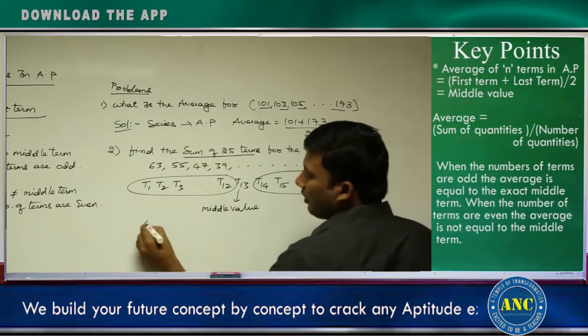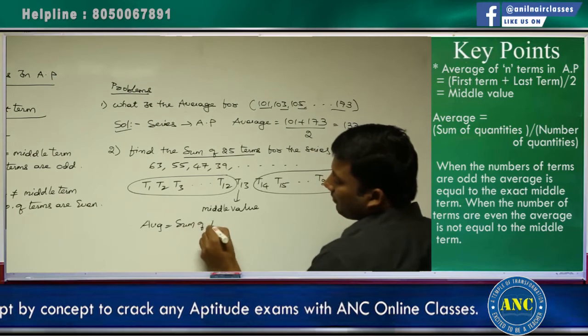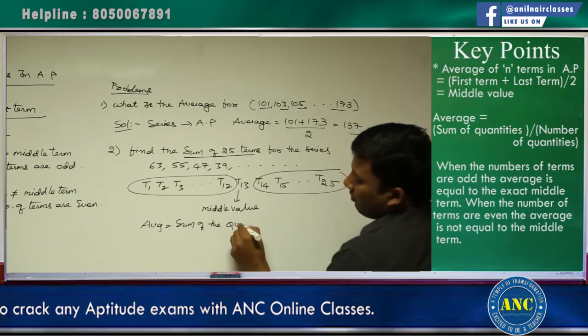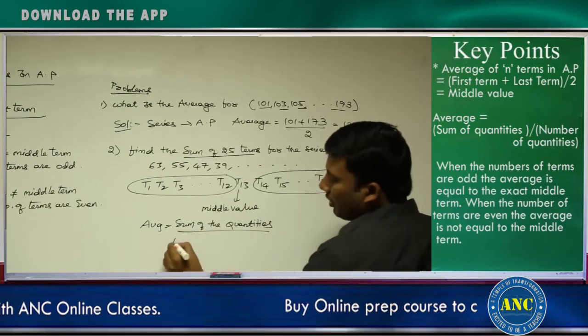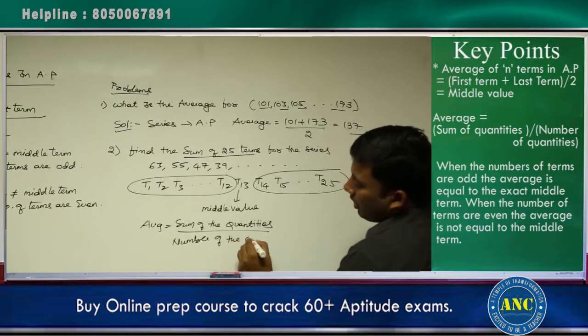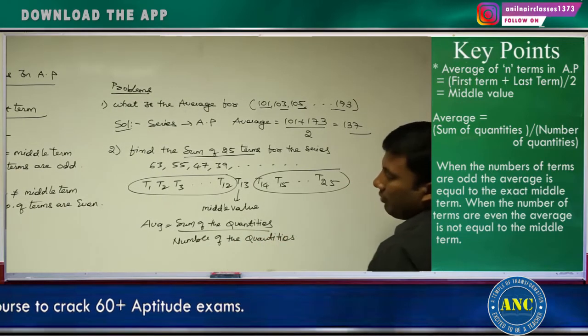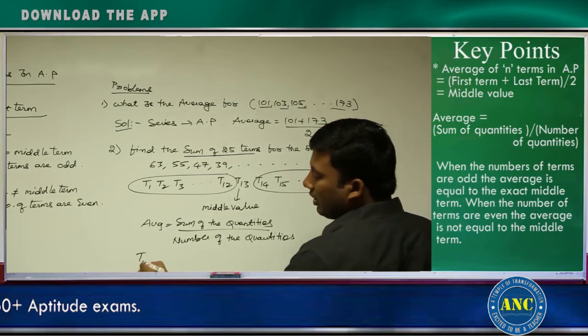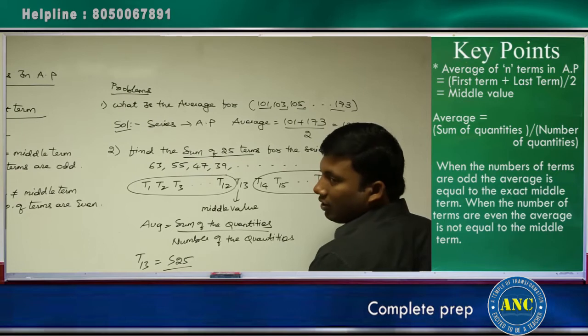Average is given by sum of the quantities by number of the quantities. Average in this case is nothing but the middle value. So can I write T13 equivalent to S25 by 25? Do you agree?